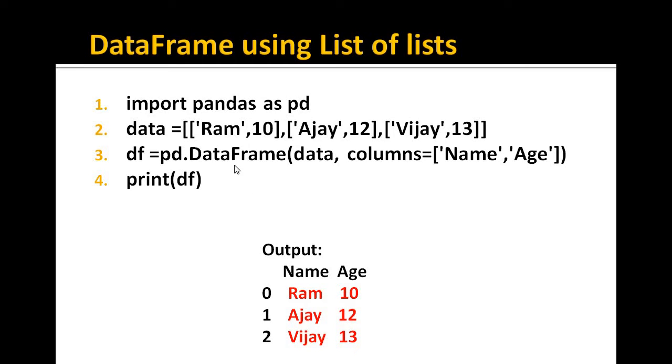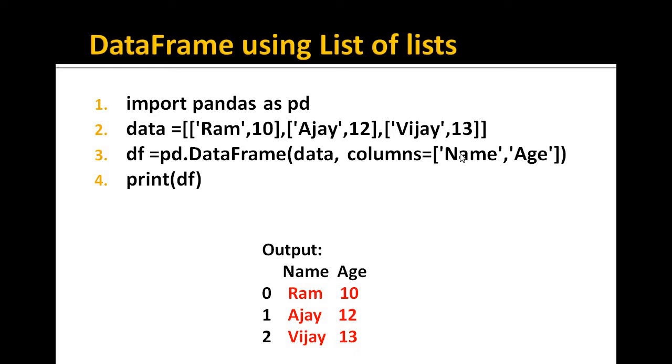In the third example, again a data frame is created using this data, that is actually a list of lists. It is containing 3 lists. This is the list data which itself is containing 3 other lists, and another parameter, columns, is clearly defined here: name and age.